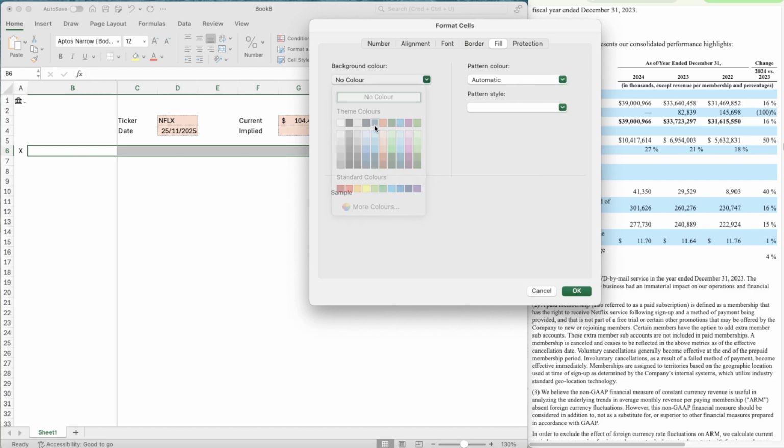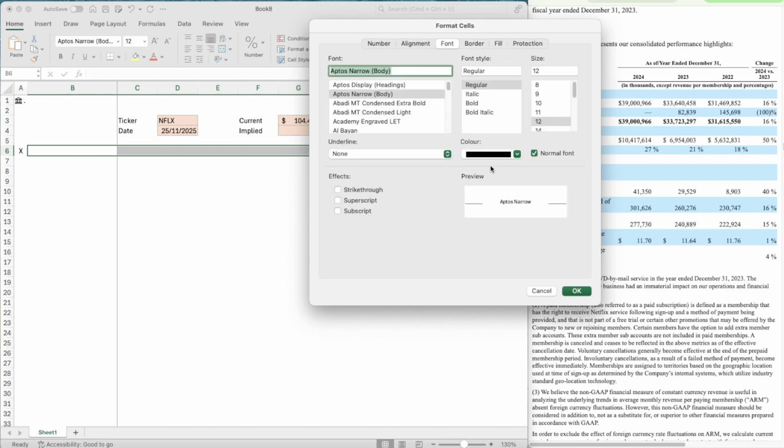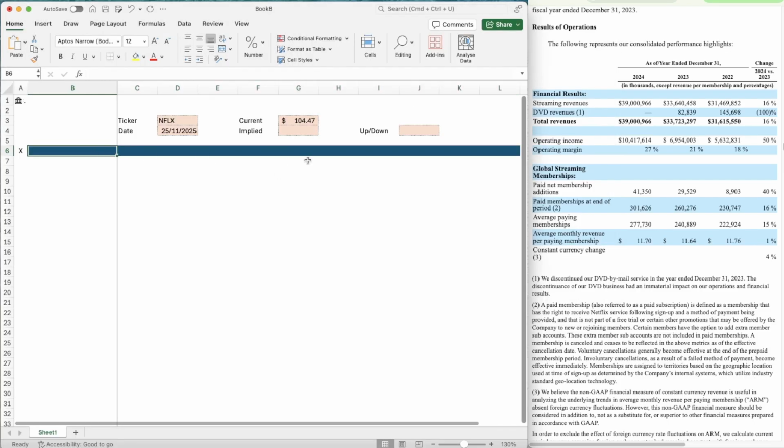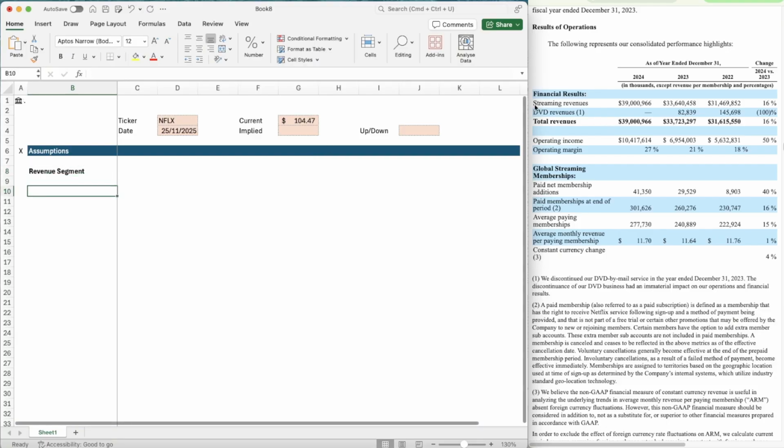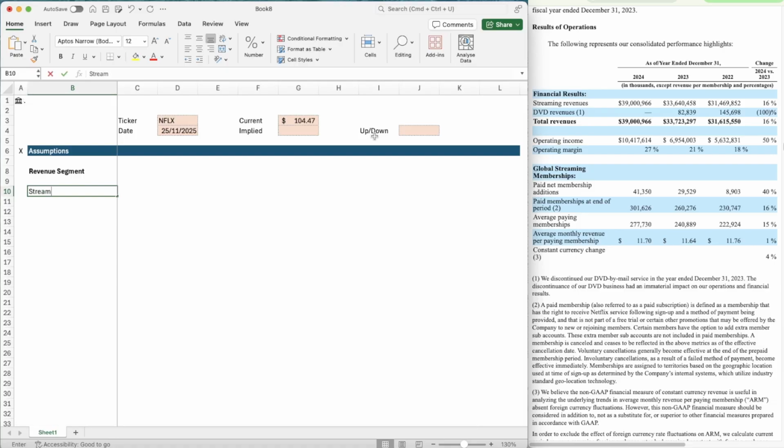Put this navy blue color on the white so it's visible. One assumptions here. Revenue segment. That is streaming. We don't need to put the DVD in just because they've discontinued it.